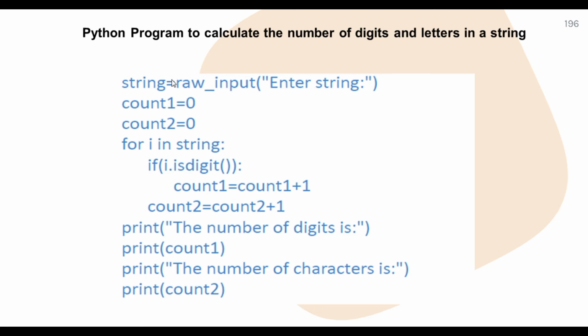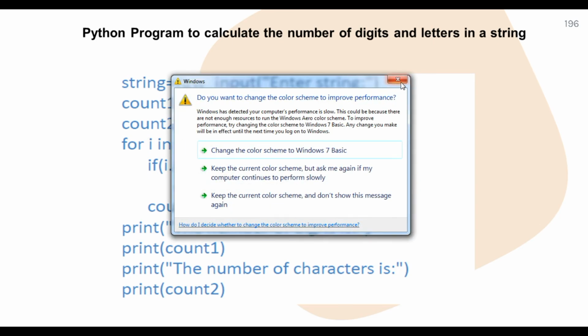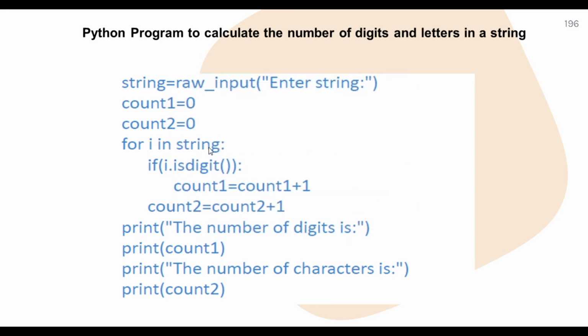Suppose the user enters a string like 1 2 3 as a string, and we are going to count. There are two counter variables we have taken, count 1 and count 2, which are initialized to 0, and we are going to run a for loop where the variable is I, till then is string.